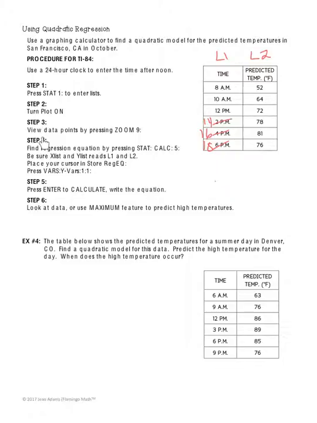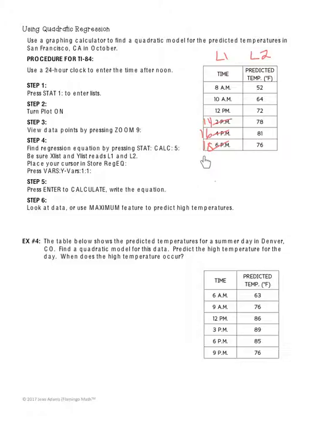Then for step 3, they're suggesting you use zoom 9. I suggest you go to your window. So hit your window button. You're going to see X min, X max, Y min, and Y max. Don't touch the scale. This is going to be your X. This is going to be your Y. So your smallest X value is 8. Your largest X value is 18. So in order to view your window, I would probably go from 0, because it's close enough to 8, to 20.